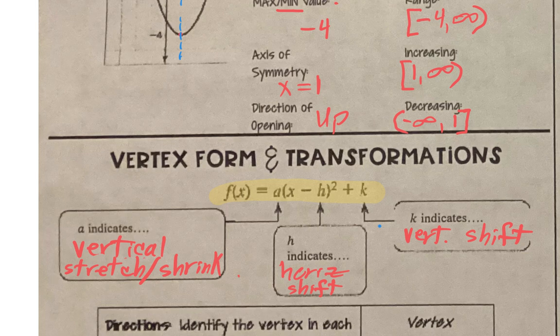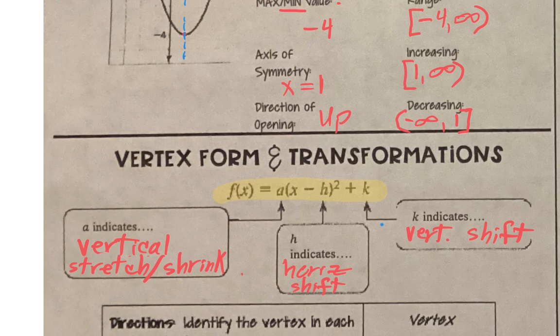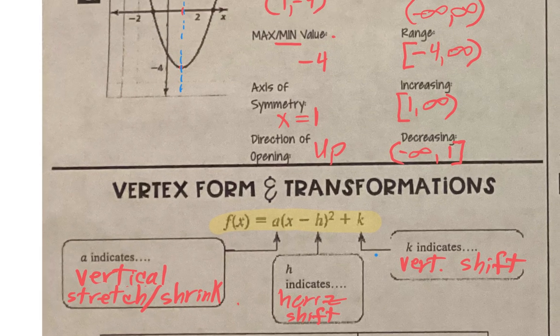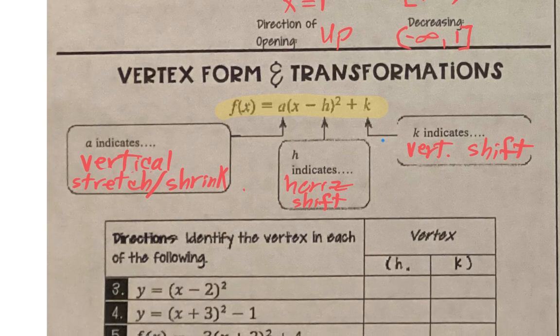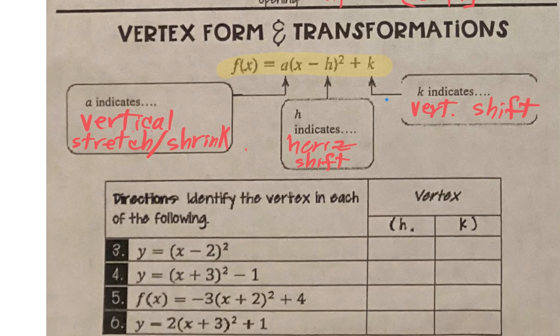So we have f of x equals a parentheses x minus h squared plus k. If I can find the vertex h and k, and I can determine whether a, which I could actually find for my standard form, I can write the vertex form without really doing any mathematics.